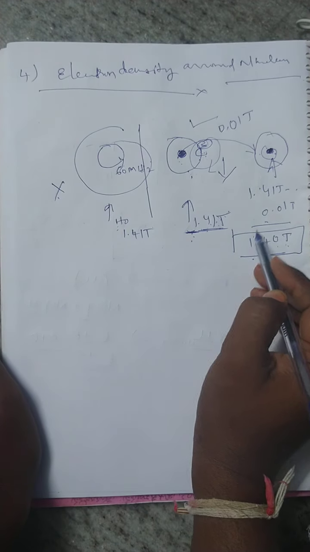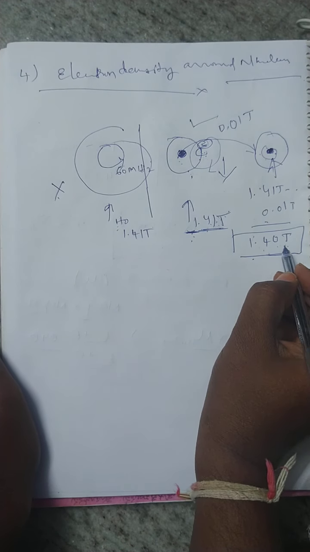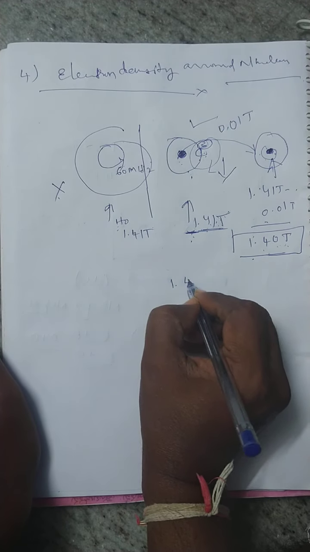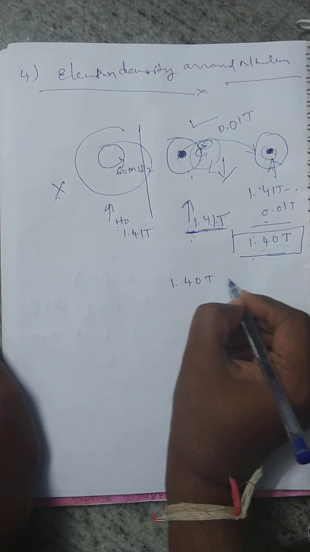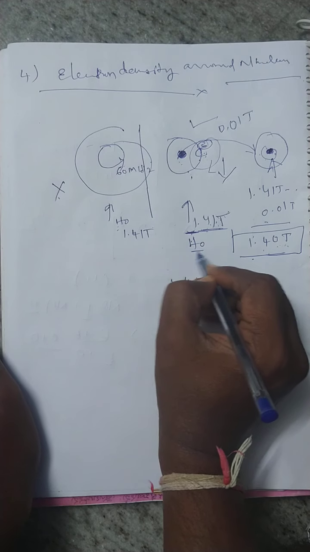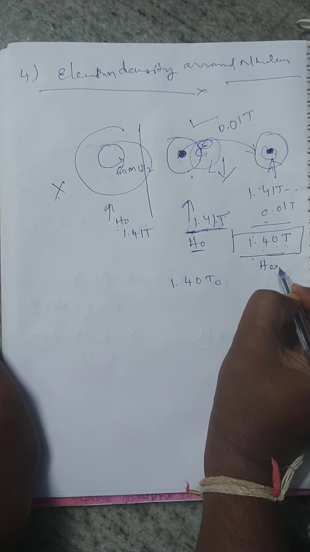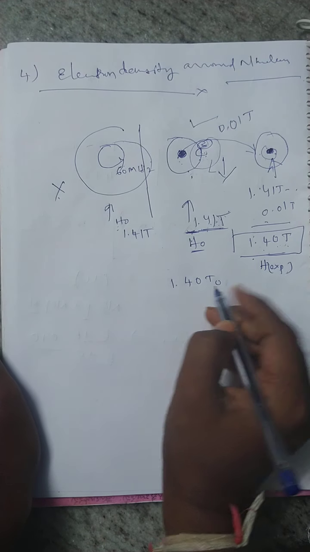So when this nucleus experiences less magnetic field, this is the applied and this is the experienced, right.